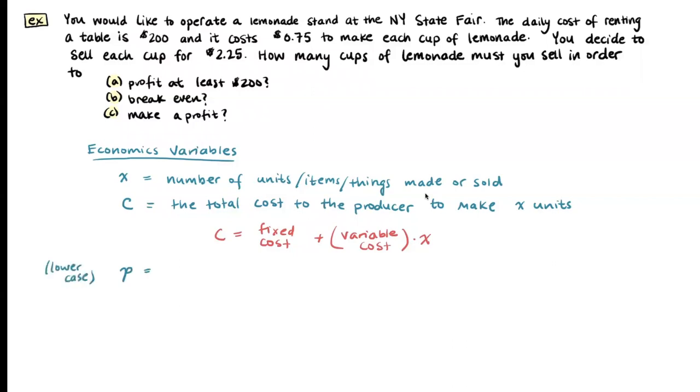I'm pointing it out because we will have an uppercase P. So I'm just drawing this like a kind of cursive p with a little thing at the top of it. And it's going to represent the price that the customer pays for 1 item, in this case, the $2.25.